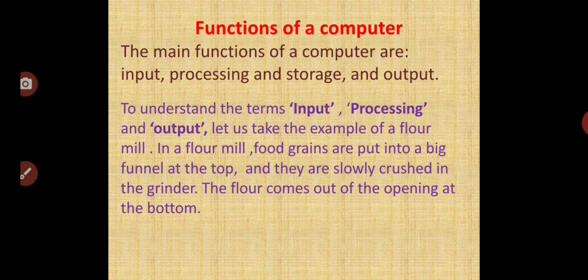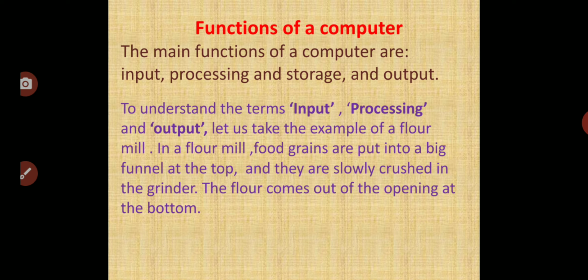Function of a computer. The main functions of a computer are input, processing, storage and output. To understand the terms input, processing and output, let us take the example of a flour mill.